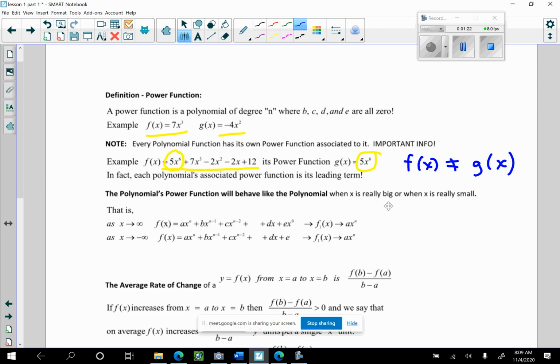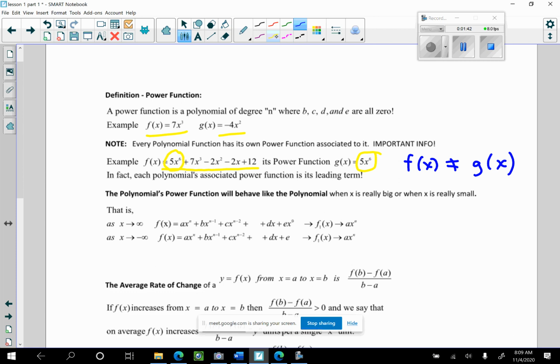We haven't really delved into the concept of really big x's or really small x's, and we will hit that very much in the next unit, unit 5. But here's what we can say.